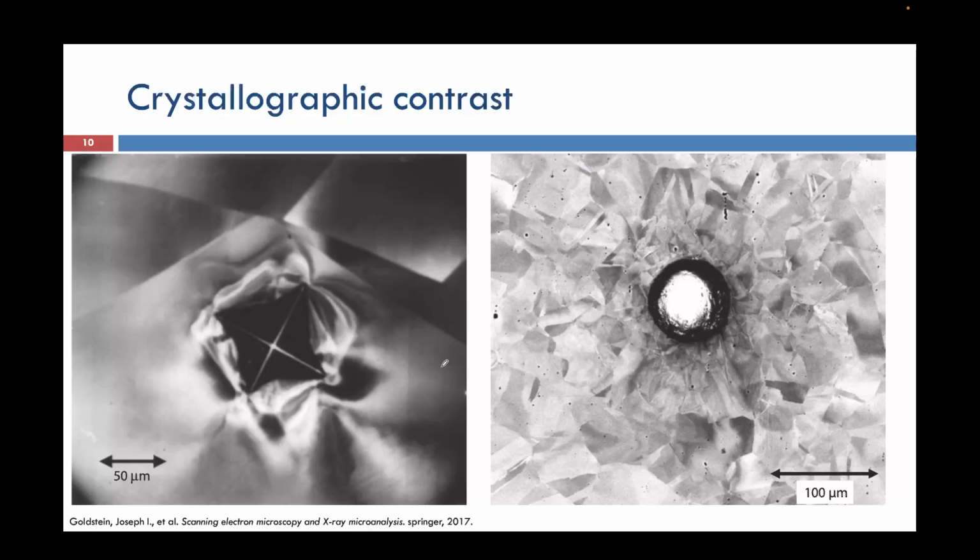So here, if you see, it's a diamond indenter. After the diamond indentation, some plastic deformation has happened. Due to this plastic deformation, defects can be introduced, and in that area some residual stress will also be imparted to the material.